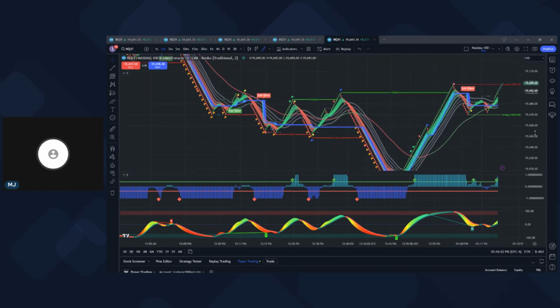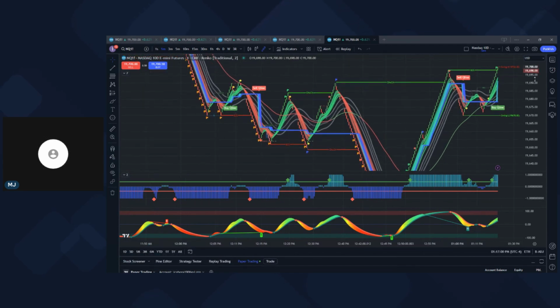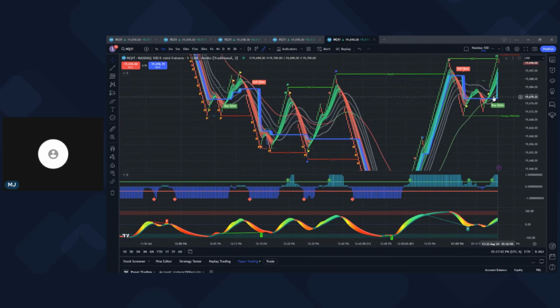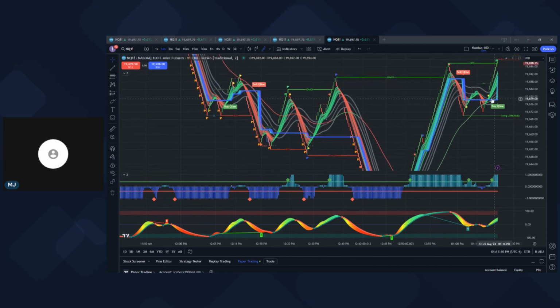So how do you play that into your overall strategy on the 1 minute time frame if you decide to take those opportunities, right? You use these squeezes, and again, this is what I recommend on the 1 minute time frame.